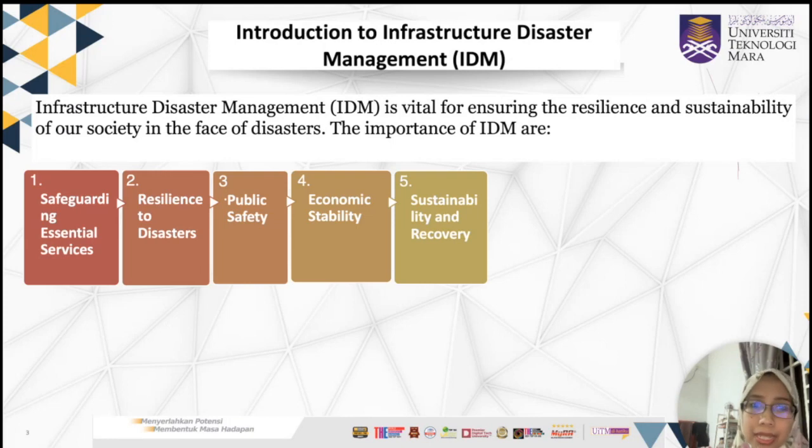And fifth, we have sustainability and also recovery. We have to admit that disaster is something that we cannot avoid. It happens. But there are certain conditions whereby we can predict that it's going to happen, for example floods, we know it's going to happen in certain areas, and landslides. If we have a country that has earthquake tendency, we can predict this kind of disaster could happen.